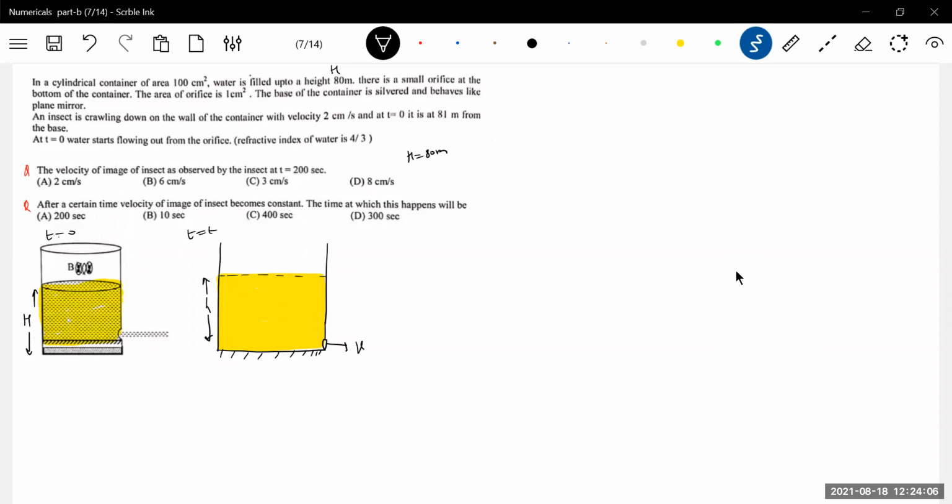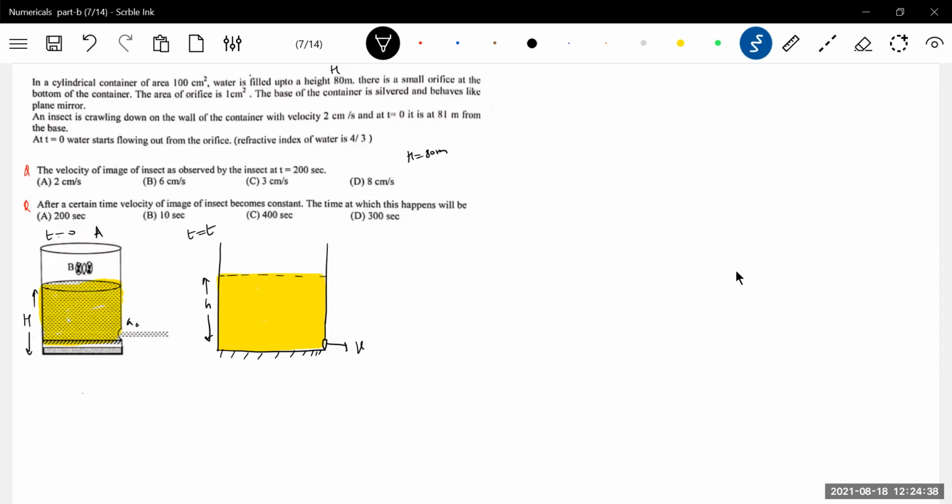So what are the equations? If you can remember the time taken for the level to become h, if you know the formula of fluid dynamics, directly write the formula and you can save time, or else you have to derive. I'm telling this one: a student always has to come with a minimum memory. What is the minimum memory? The standard derivations, the standard topics, the standard numericals.